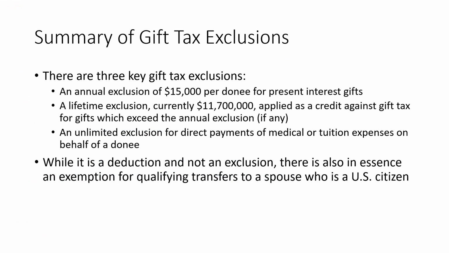Another is a lifetime exclusion, which is currently $11.7 million, which is applied as a credit against gift tax for any gifts for any given year which exceed the annual exclusion if it's available. And finally, before even applying these exclusions, it's important to note that there is an unlimited exclusion for direct payments of medical or tuition expenses on behalf of a donee.